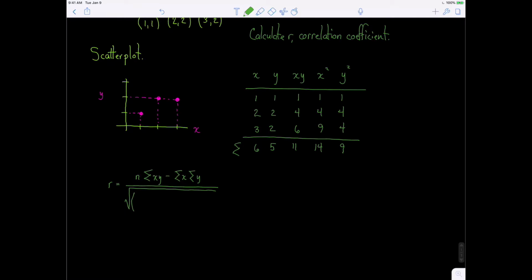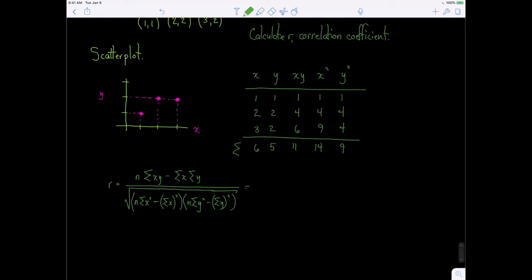The square root is n times the sum of the x squareds minus the sum of the x's, squared. That's the first set of parentheses. And the second set is n times the sum of the y squareds minus the sum of the y's, squared.